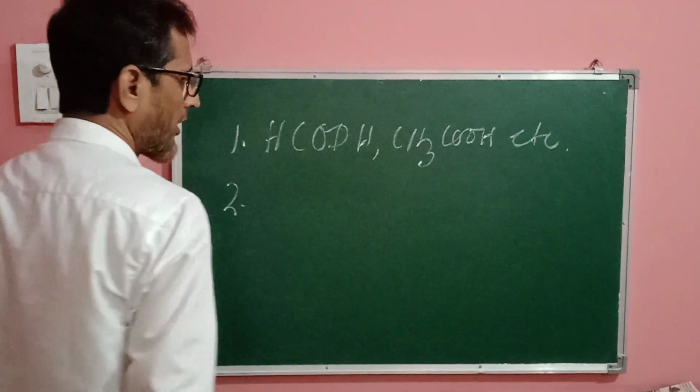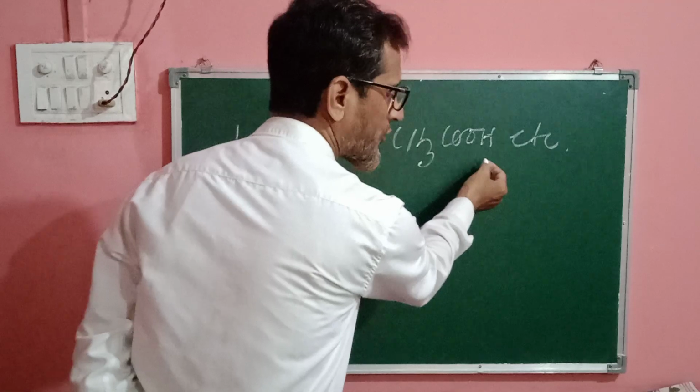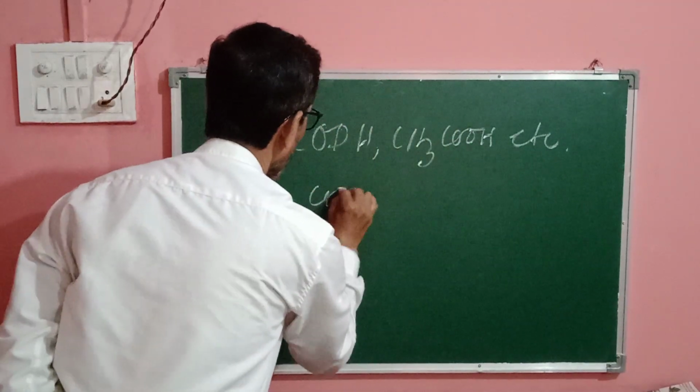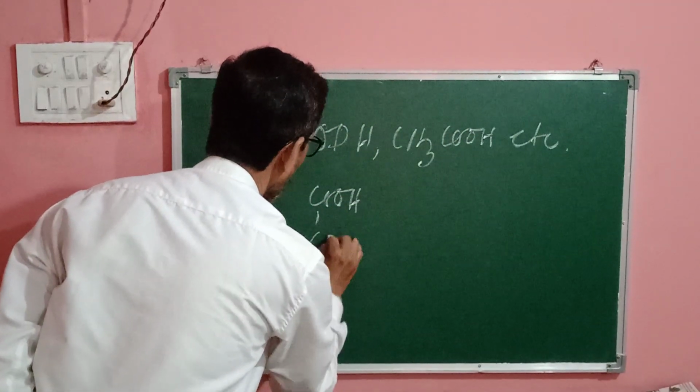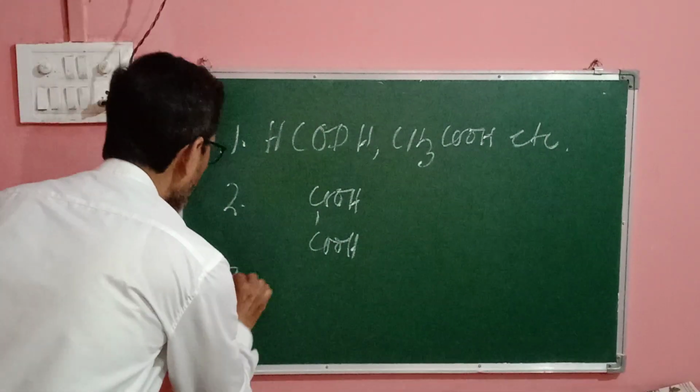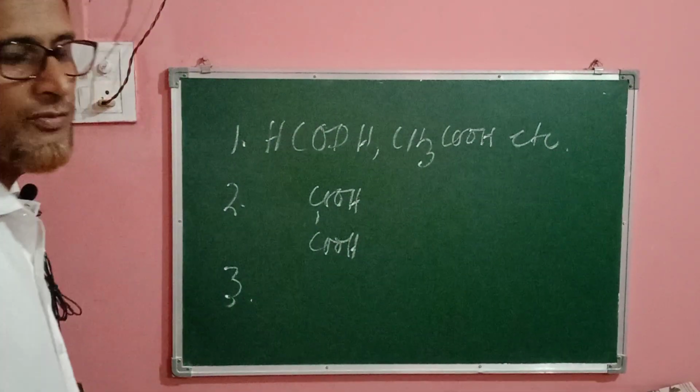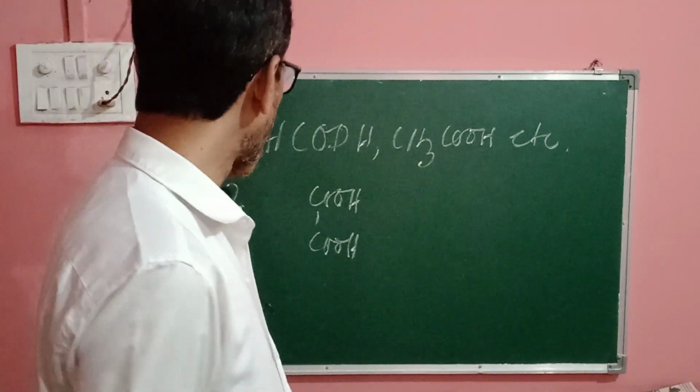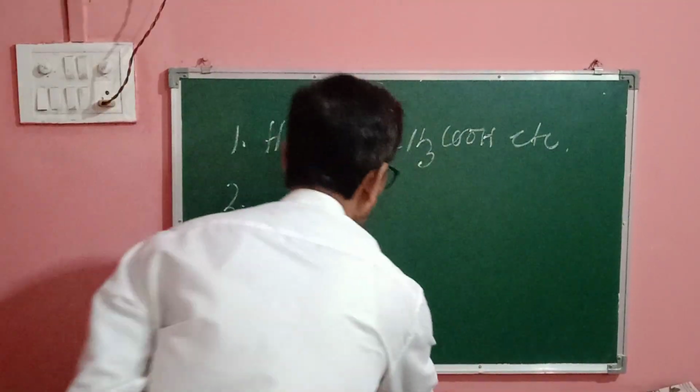Dicarboxylic acid, if two COOH groups are attached, COOH, COOH. Tricarboxylic acid, if three COOH groups are attached.